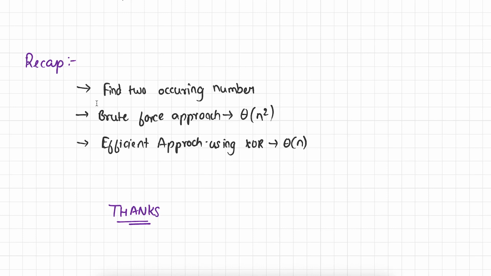We saw a brute force approach to solve that problem, and its time complexity came out to be theta of n square. Then we saw the efficient approach using the XOR operator to solve this problem, and the time complexity of this efficient approach came out to be theta of n. So I hope now you have a clear understanding of how to find 2 odd occurring elements in an array.